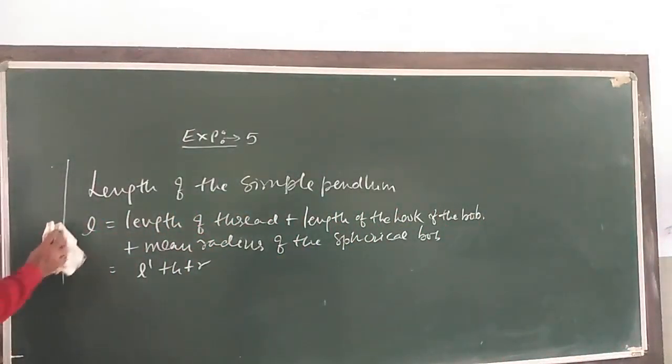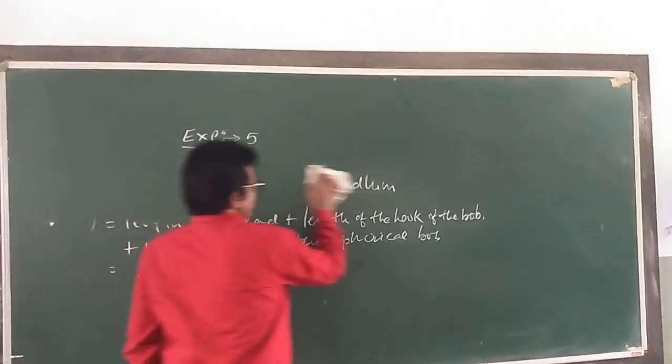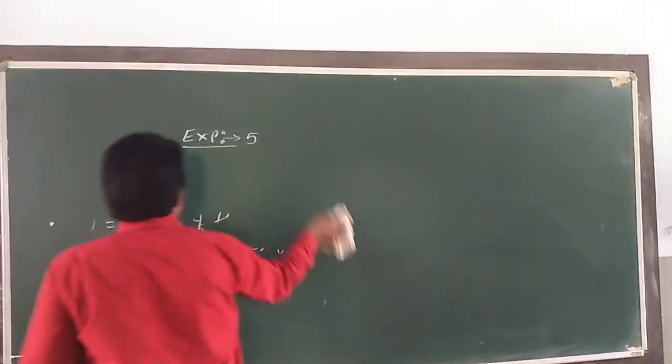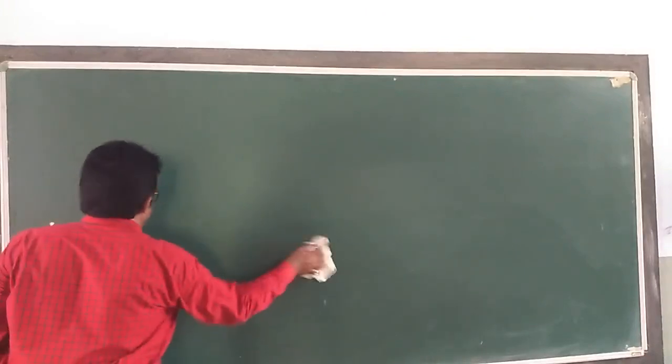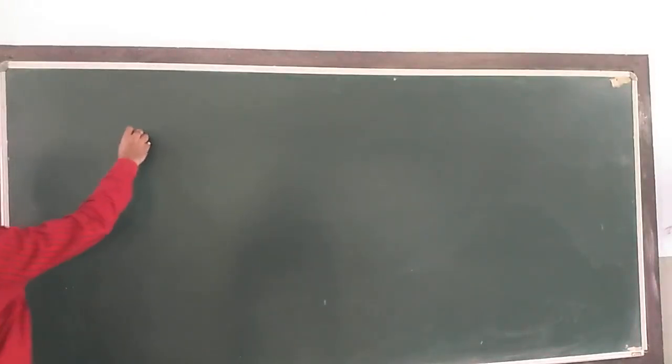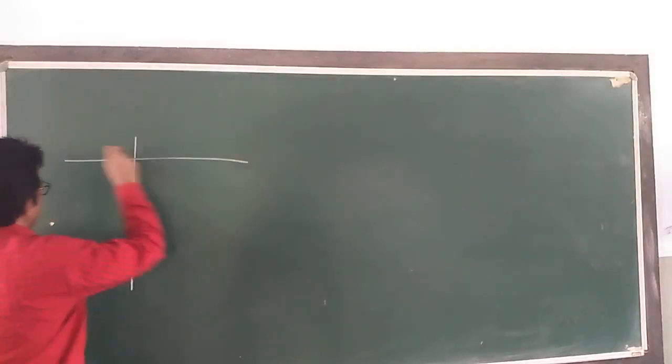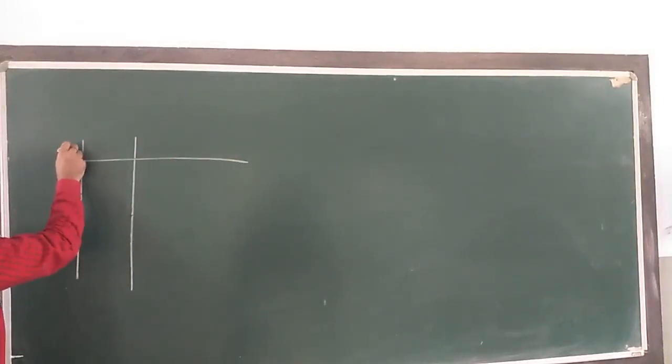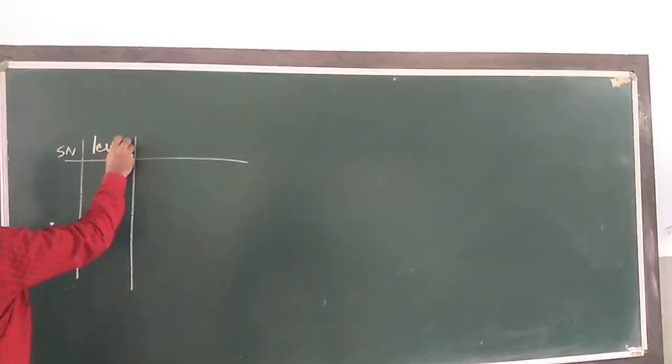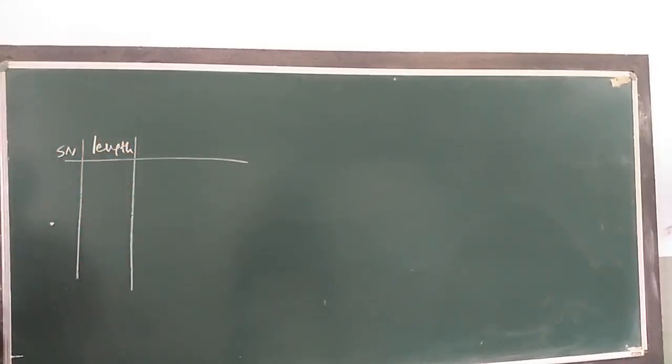Then the important thing is the observation table. Here, my dear children, in the observation table that we are seeing, first we have to write serial number. Here, the length of the thread.